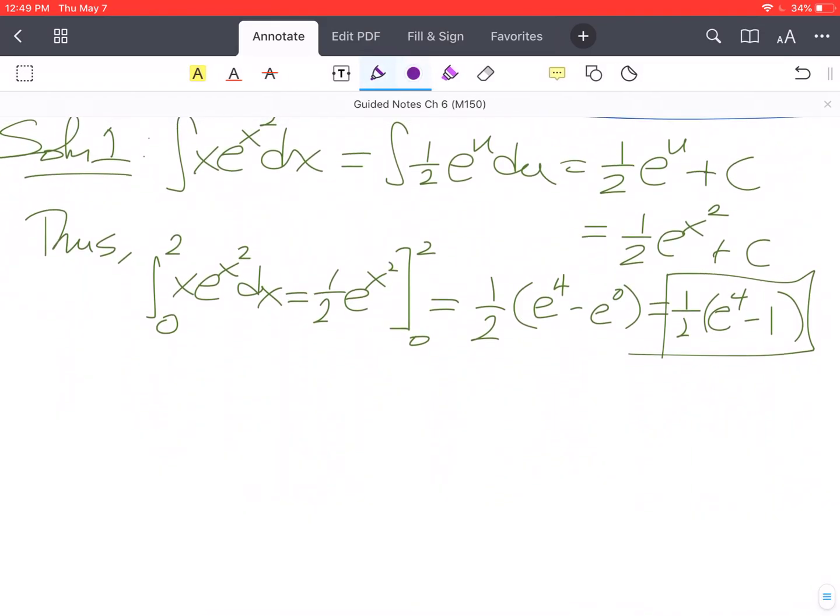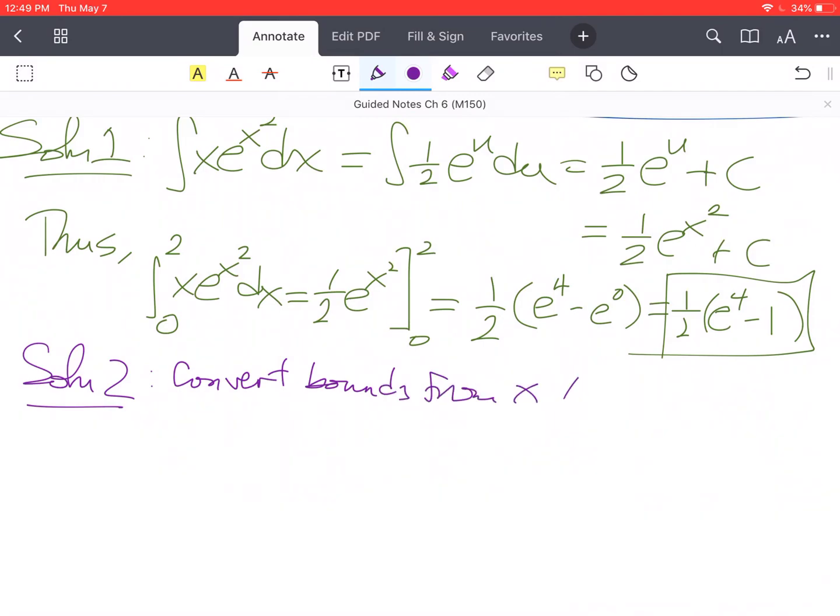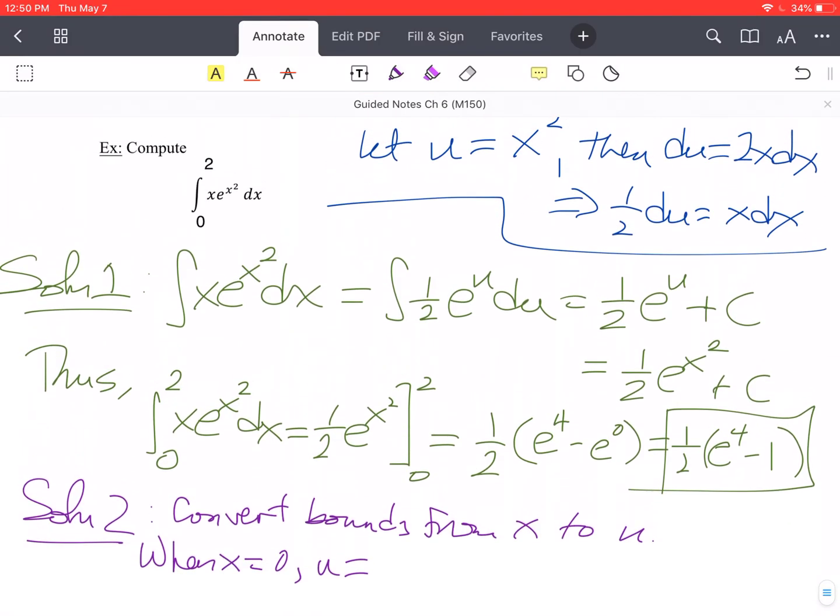For solution 2, in this case, we're going to convert the bounds from x to u using our substitution. So when x equals 0, u equals, let's go back up to the substitution here.